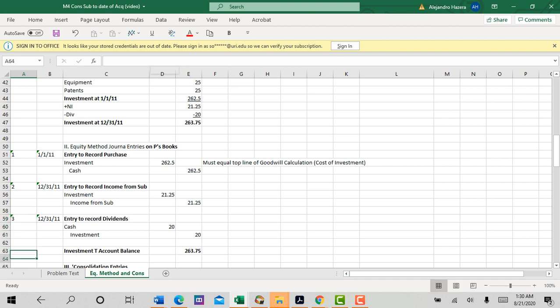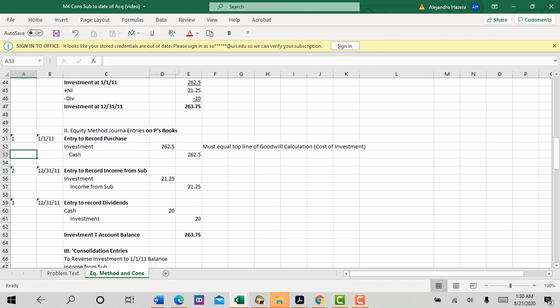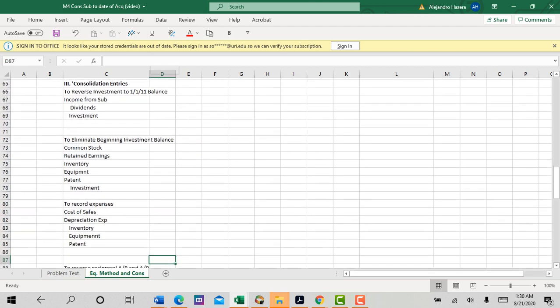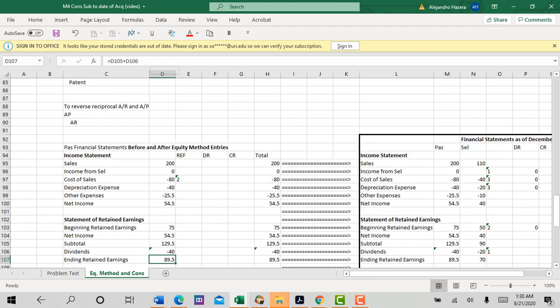Keep in mind, these are on P's books, so they're in P's accounting system. They're real entries. You can see the consolidation entries are just working paper entries. So these entries come out of P's system, go into P's system, and they impact the financial statements. Okay, so let's go down here and look at what we have.